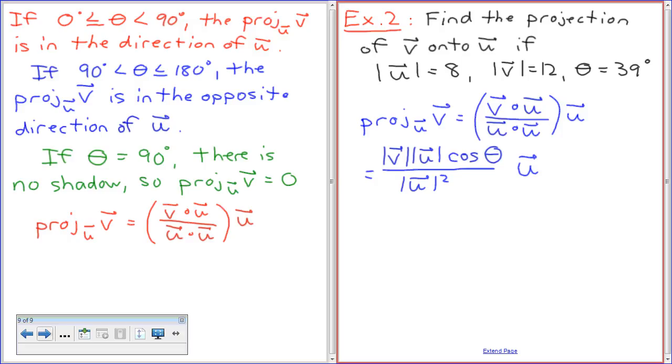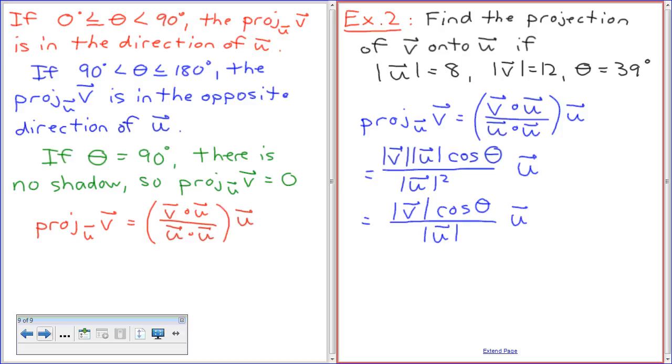So if you want to use algebra, this is the one you need here: magnitude V cos theta all over magnitude of U. Because it's magnitude, you couldn't say it's in the direction of U, because all you'd be left with is the direction then.